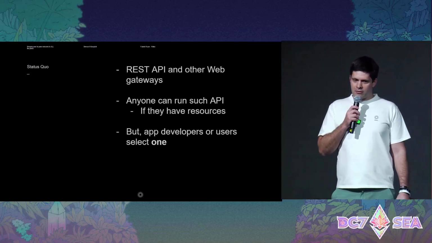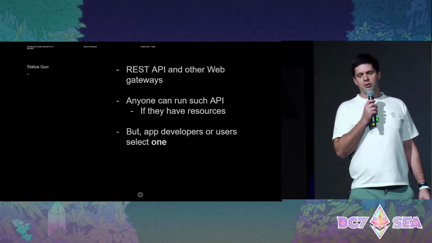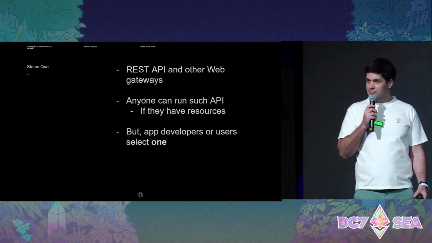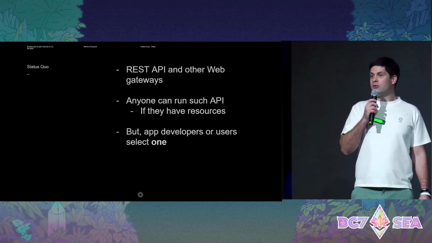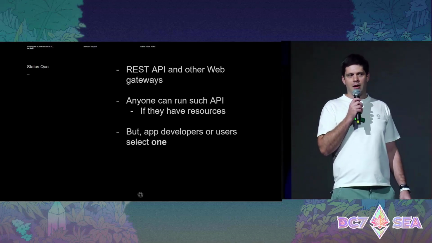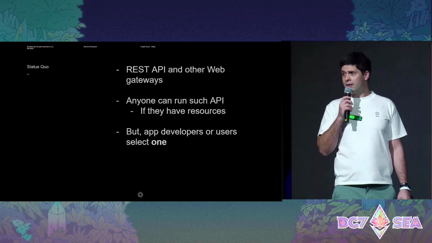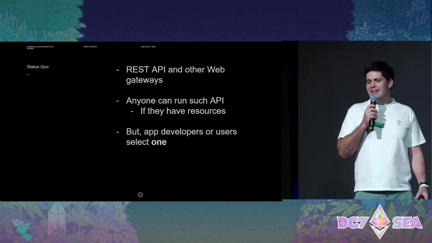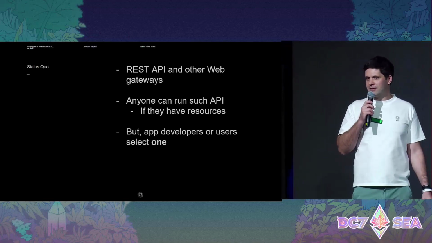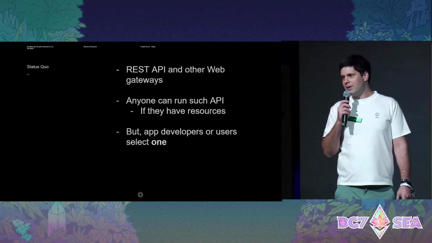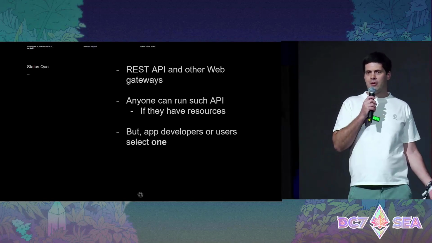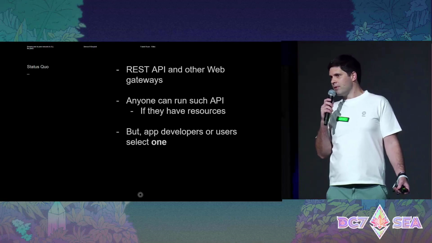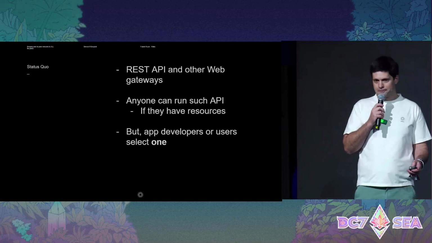So the current status quo across most peer-to-peer networks is that we use REST APIs, Web3 APIs, and other web gateways to allow users in the browser, mobile and desktop to access a peer-to-peer network. Usually, anyone could run such an API if they have the resources, but when building applications, whether web apps or mobile apps, usually the users or the developer will select one API or maybe a couple.